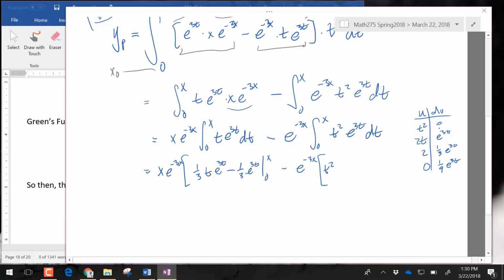So this is e to the 3t, and then 1/3 e to the 3t, and then 1/9, and then 1 over 27. It's making me think this should be a 9. Is that true? And then you'd be done.